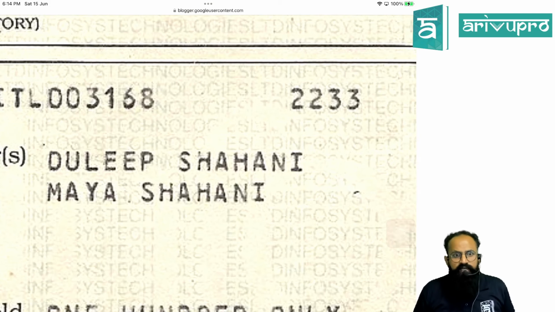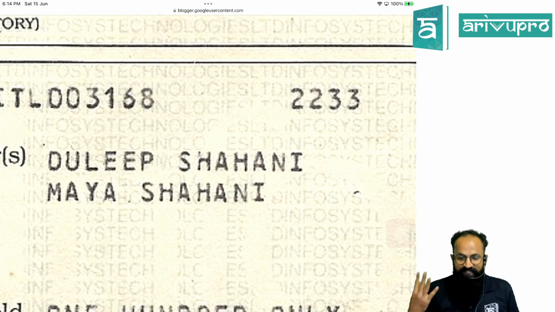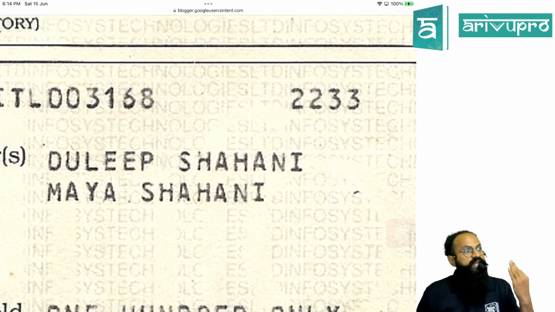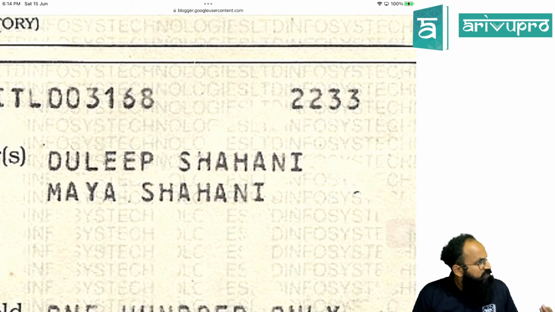Dulip Shani and Maya Shani. Who are they? Husband and wife. It can be mother and son also. It can be brother and sister also, possible. Come out of that. So, Dulip Shani and Maya Shani are the joint shareholders for those 100 shares. Should we count them as 2 or should we count them as 1?